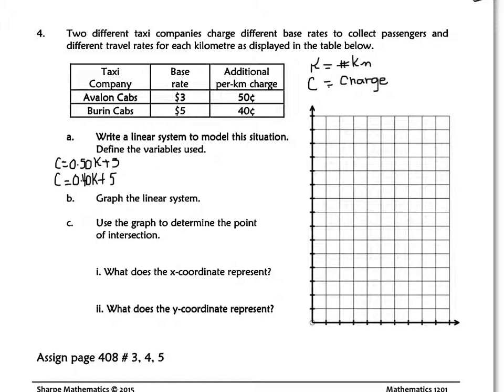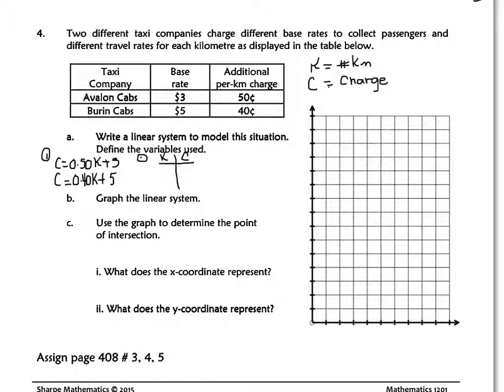But the slopes are in decimal format, so you can either change the decimals to fractions, or you might just want to do a little short table of values. You only need a couple of points to graph a line. So if we do for the first equation, a little quick table of values, we've got k values and c values. It's a good idea to just do a few points so that you know how you're going to scale your x and y axis, or dependent and independent axis.